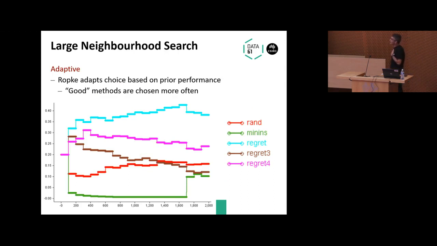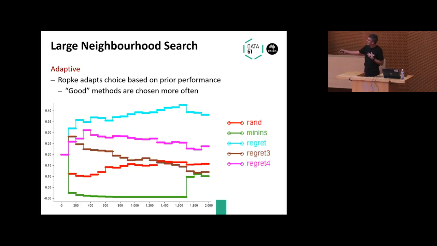The adaptive LNS in Ropke and Pisinger is where we're adapting both our creation and destroy heuristics. After each time I improve the solution, I reward both the insert procedure and the delete procedure that gave that. Over time, the probabilities will change.